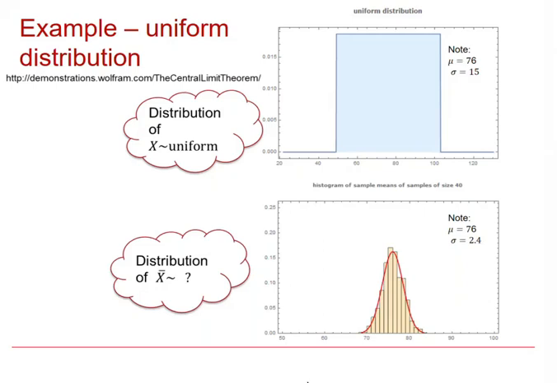And the central limit theorem would tell us that because the sample size is greater than 30, we would expect the sample means to be normally distributed with mean the same as the original population mean, but with variance reduced by a factor of 40. And if you evaluate 225 divided by 40 and square root that, you will find that that gives you a standard deviation of 2.4.